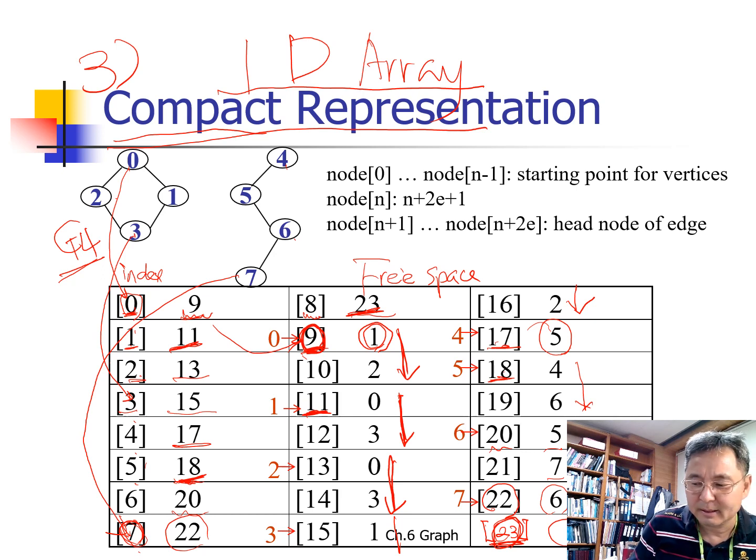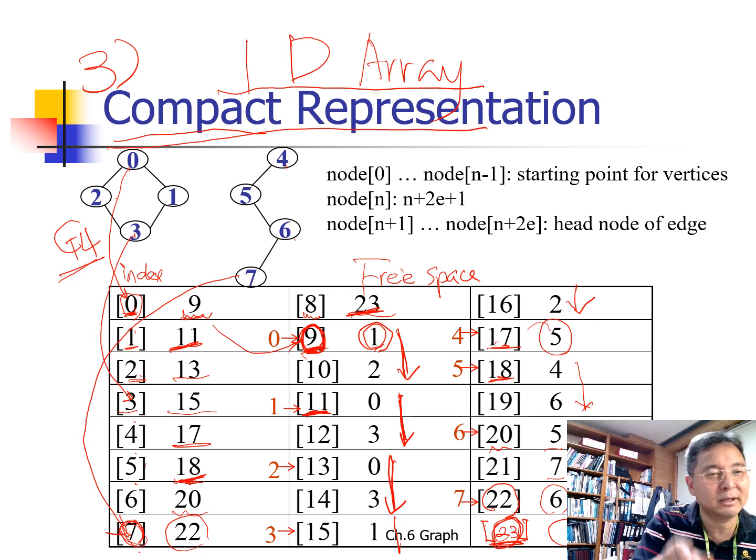But once you select this compact representation, the memory space can be saved very much, but it is not easy to calculate every possible operation for the graph. For example, can you calculate the in degree or out degree in this representation method?